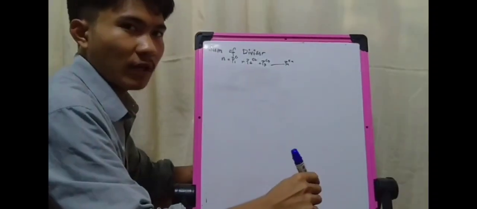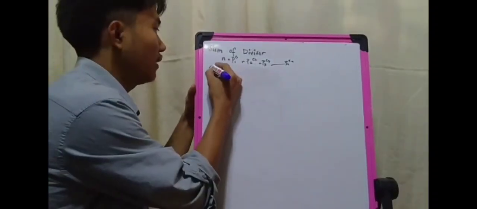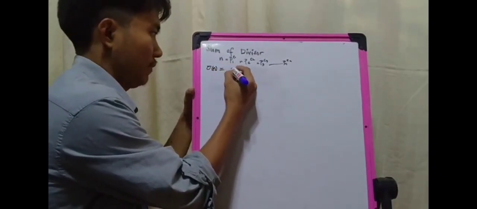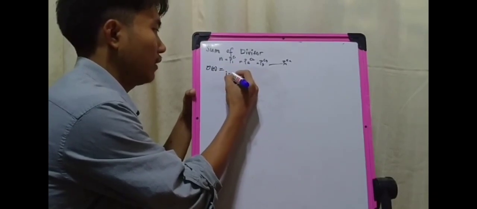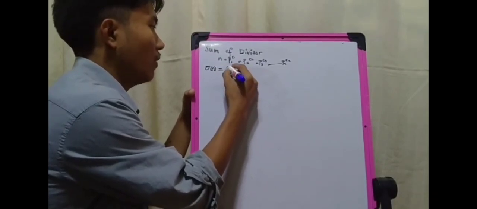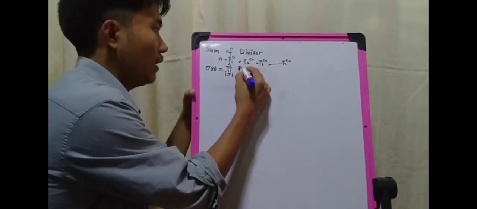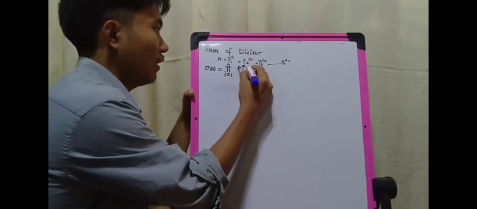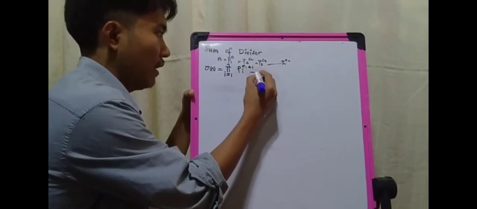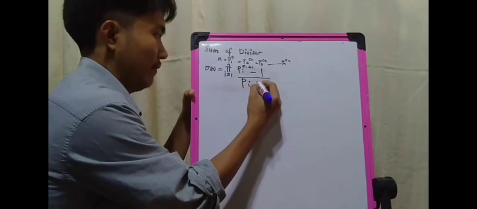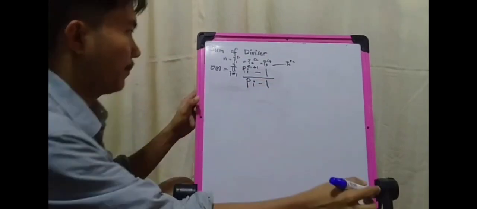So the formula of the sum of divisors is sigma n equals the product over i of (pi exponent i plus 1 minus 1) over (pi minus 1).